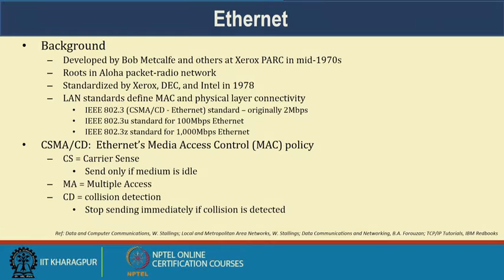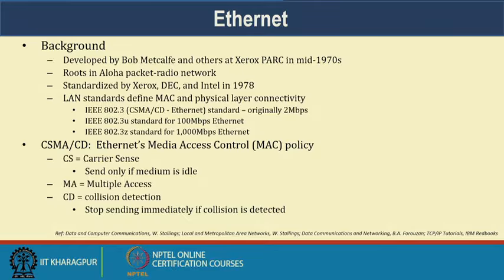The basic motivation was from the Aloha packet radio network, standardized by Xerox, DEC and Intel in 1978, and there are a few standards which became pretty popular. 802.3 uses CSMA/CD, 802.3u is for 100 Mbps Fast Ethernet, and 802.3z is for Gigabit Ethernet, or 1000 Mbps, and it employs CSMA/CD.